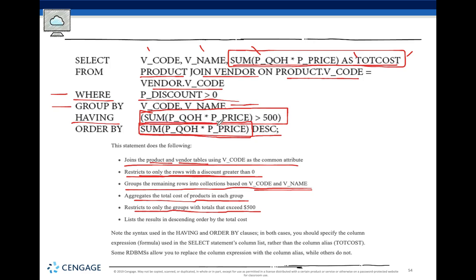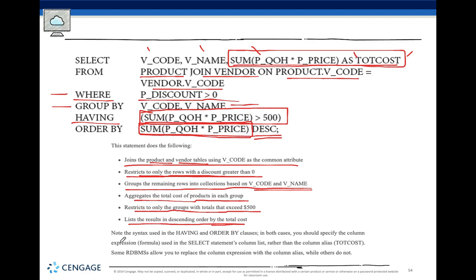So you want to say sum, the formula for total cost is sum quantity on hand times price greater than 500. And we are listing the results in descending order. So DESC is the keyword there, by total cost, right? Here, okay?